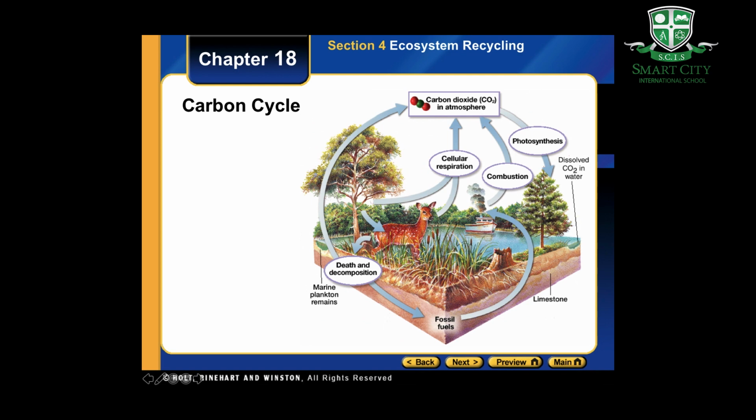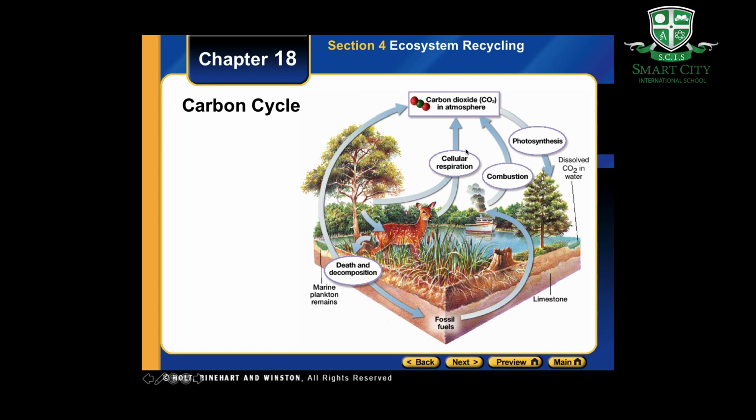Also another process called cellular respiration, which is the taking of oxygen and releasing carbon dioxide into the air, which is something like breathing, okay? So cellular respiration, again, is taking oxygen and releasing carbon dioxide into the atmosphere.